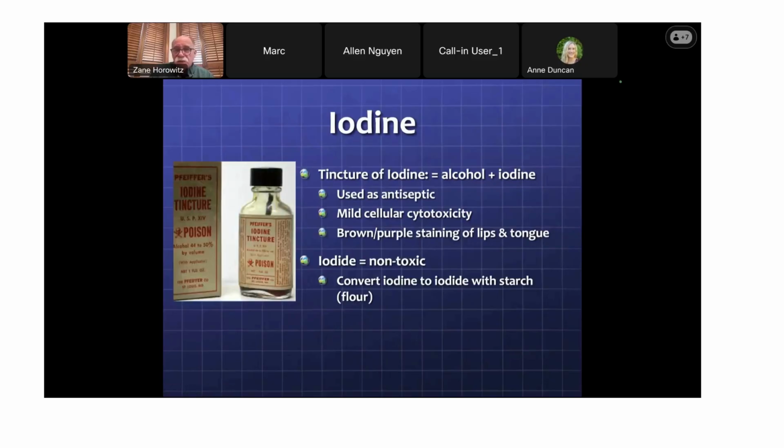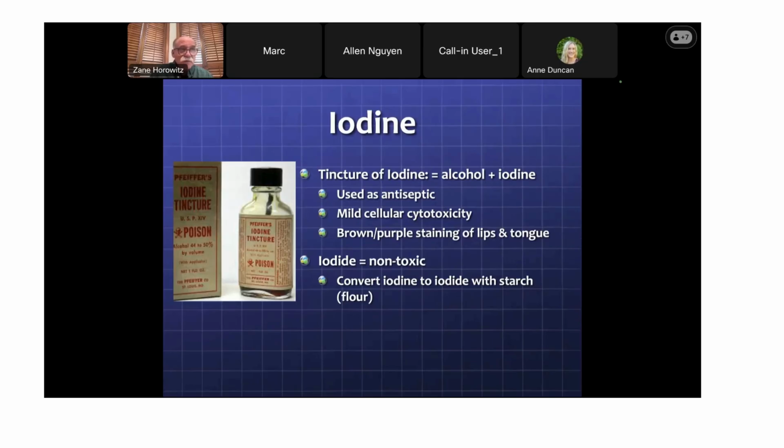Iodine and iodide are different. We don't see very much of it anymore, but it makes it ripe for making a question about which one you worry about if you drank one or the other. So iodide with the D is non-toxic. If they swallow tincture of iodine, which is a mixture of alcohol and iodine used as an antiseptic, you can convert it to iodide, which is non-toxic, by mixing it with starch or flour.